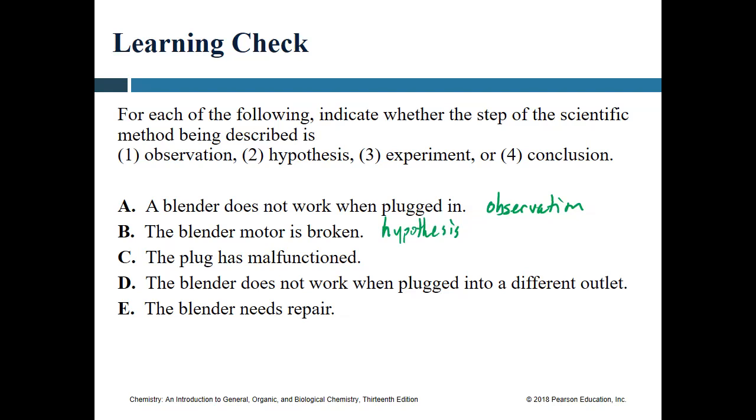What about letter C? Also a hypothesis. So what we're dealing with here is I've got a blender that's not working properly. I start to think about ideas for why it's not working properly. And so maybe there are multiple hypotheses there to think about.